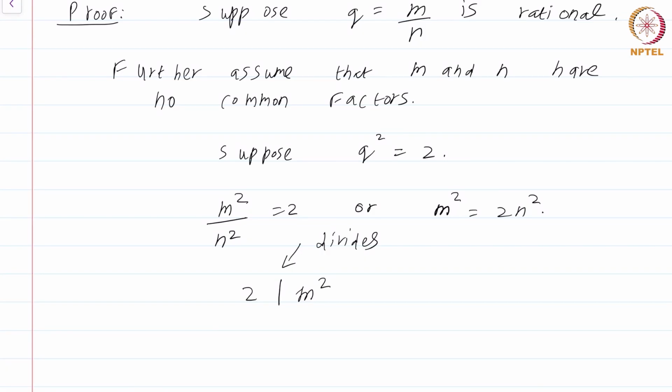But if you think about it, since 2 divides m squared, it must be the case that 2 divides m. Okay? Think about why this is true. If 2 were to divide m squared, there is no choice but for 2 to divide m.